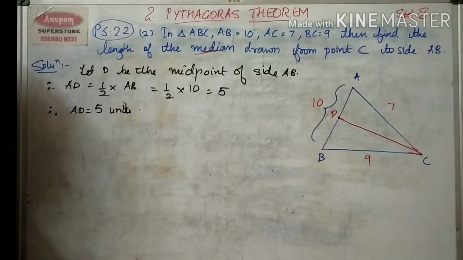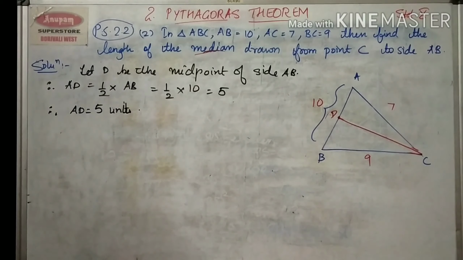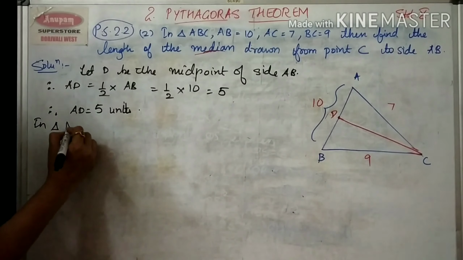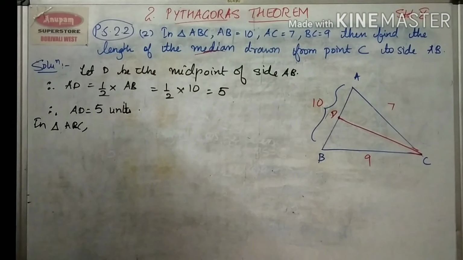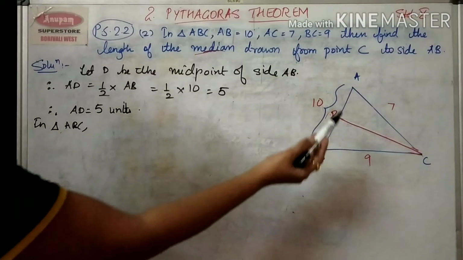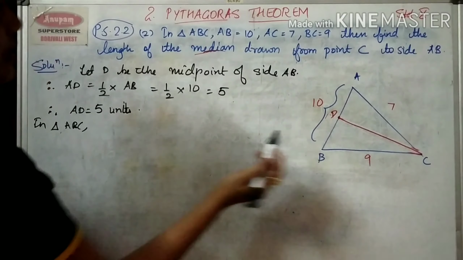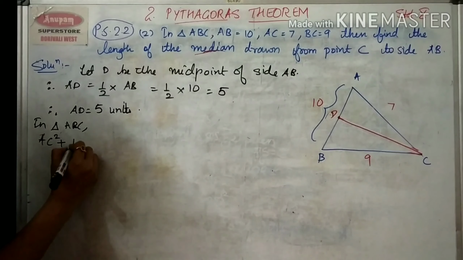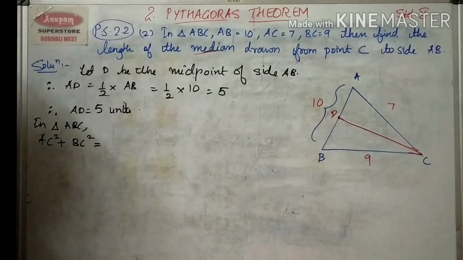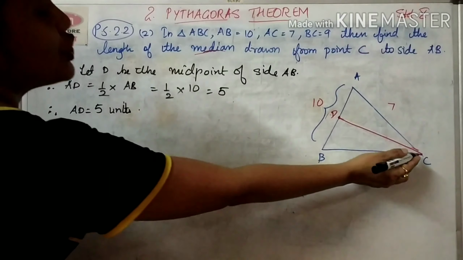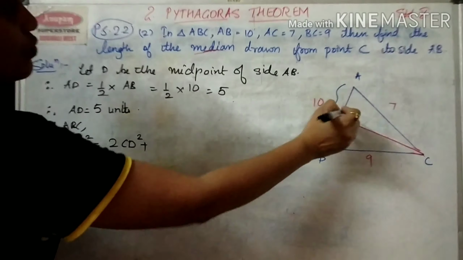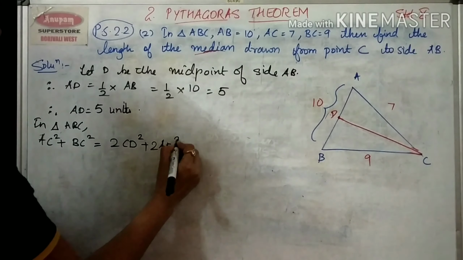Once we get this, we are going to proceed further and apply the Apollonius theorem. So in triangle ABC, if I apply the Apollonius theorem, I will say AC square plus BC square is equal to 2CD square plus 2AD square.